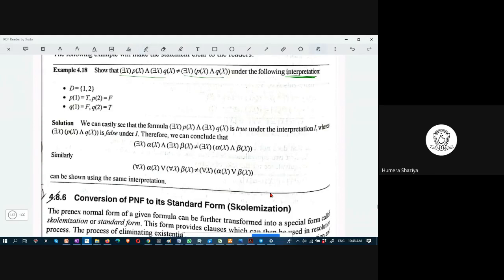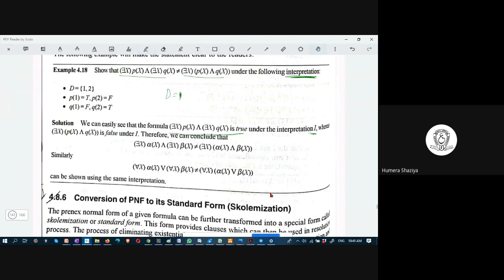The solution is we can easily see that the formula there exists x p of x and there exists x q of x is true. This is true under the interpretation I. Under the interpretation I means what? Take for example d equal to 1.